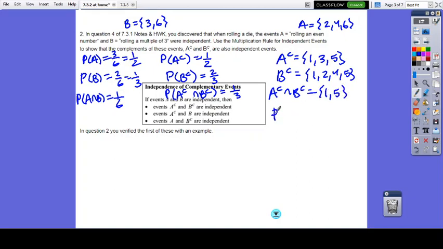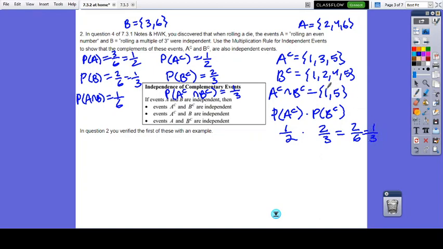Okay, so if I look at the probability of A complement times the probability of B complement, this probability of A complement was 1/2 times the probability of B complement, 2/3. This is going to be equal to 2/6, or 1/3.